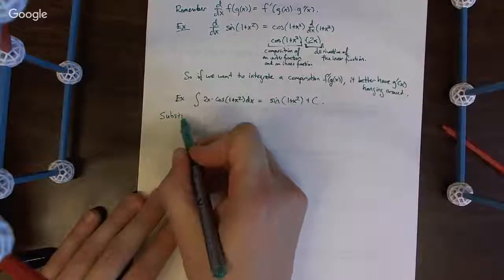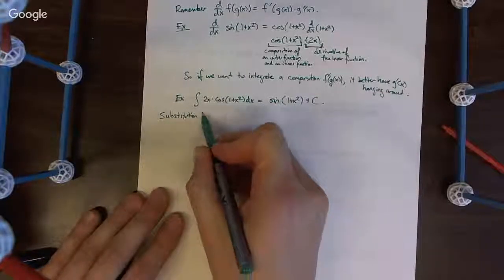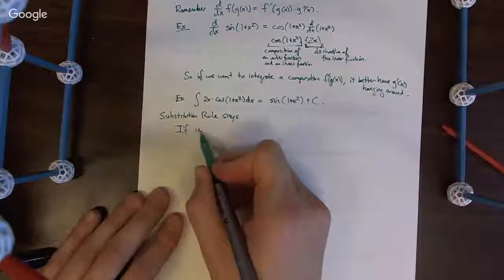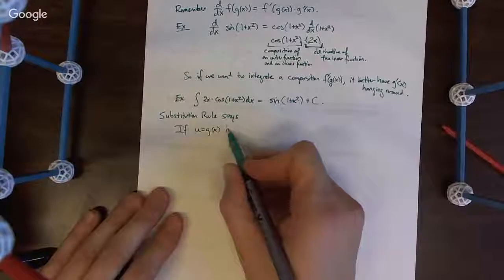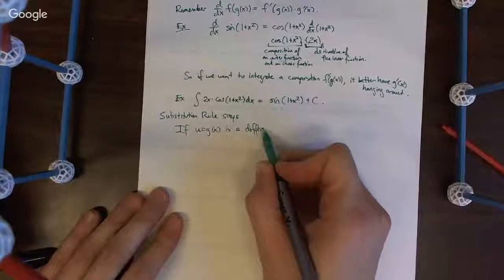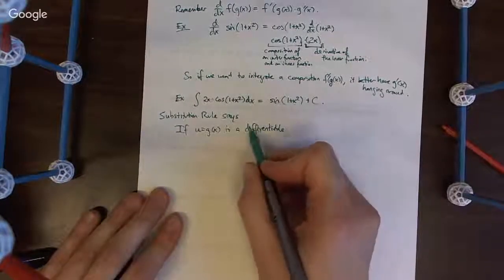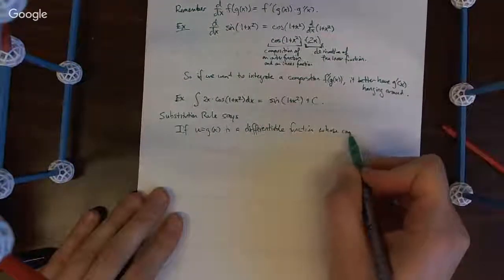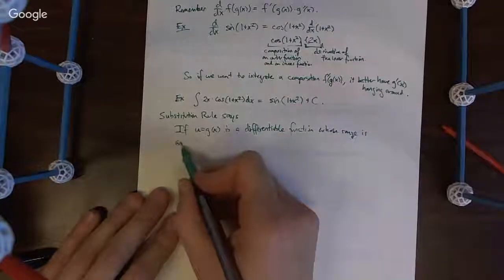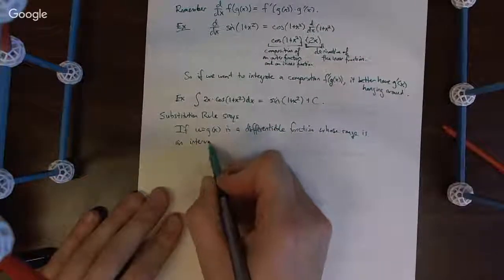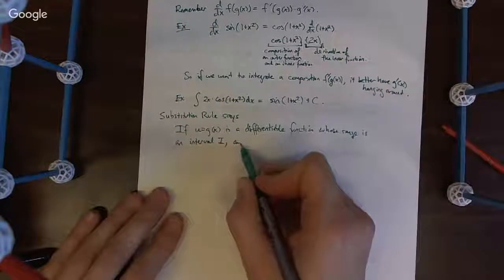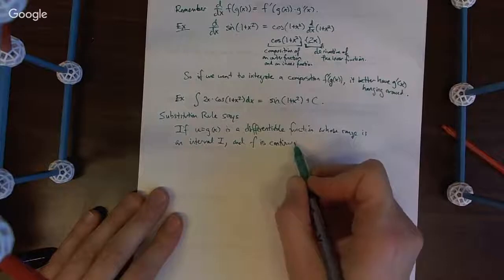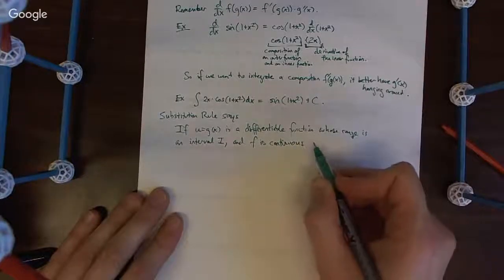The substitution rule says if u is equal to g of x is a differentiable function whose range is an interval I, and f is continuous on I. So here's our setup. These are our hypotheses.